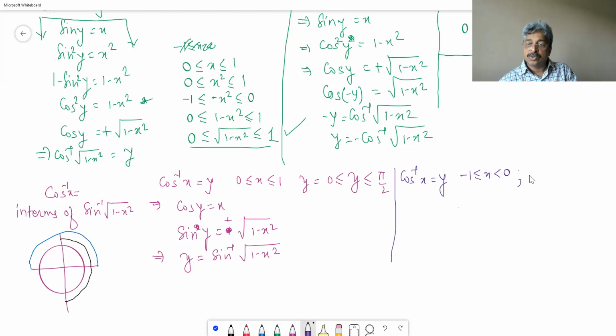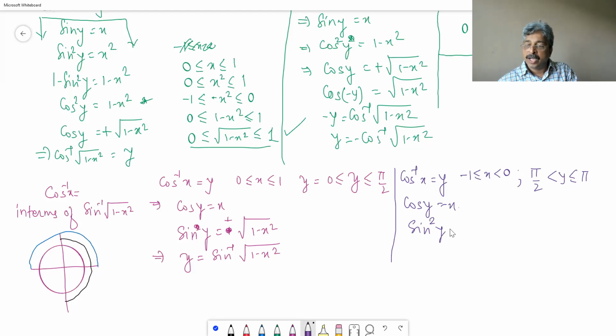When x is 0, it is pi by 2, so y is strictly greater than pi by 2 and less than or equal to pi. So we know that y is between pi by 2 to pi, and we process cos y is equal to x.